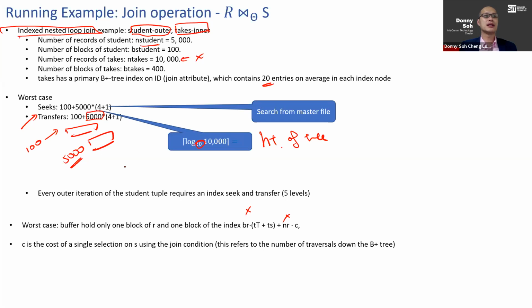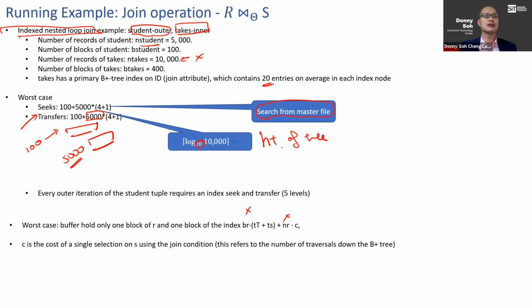So typically we have one more. In this case, the reasoning is that we may need to do one initial search from what they call the master file. So this is an addition of 1.